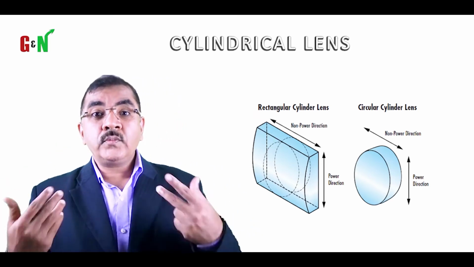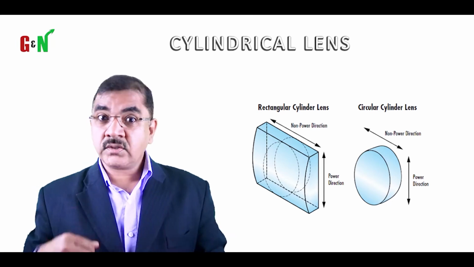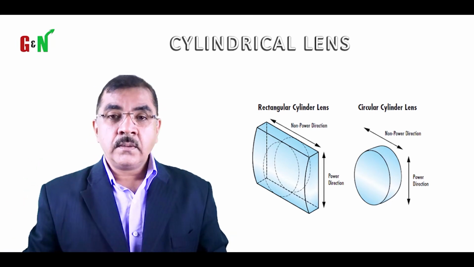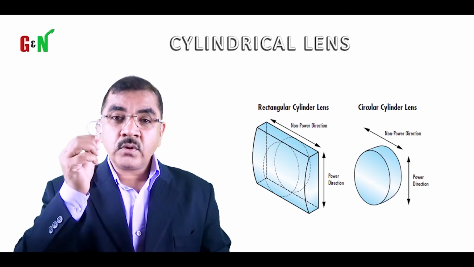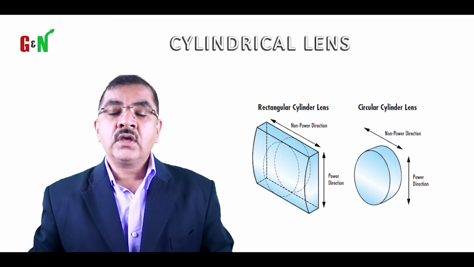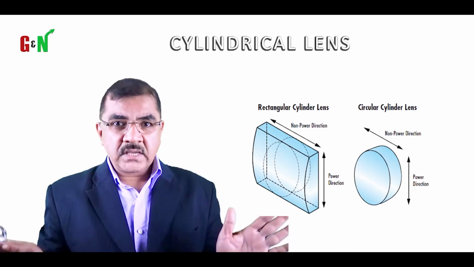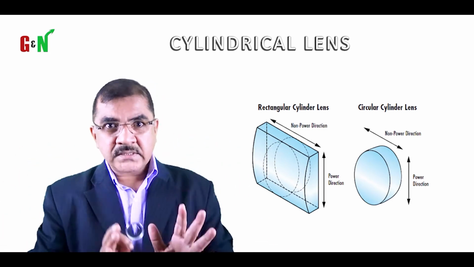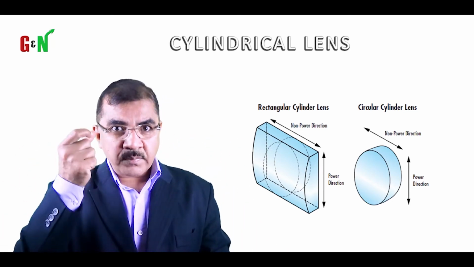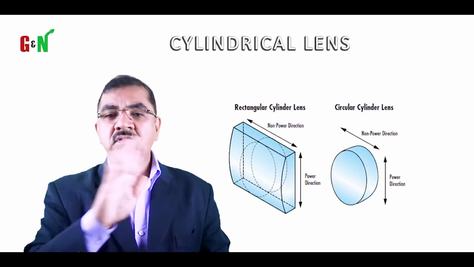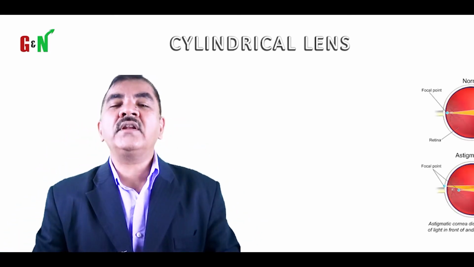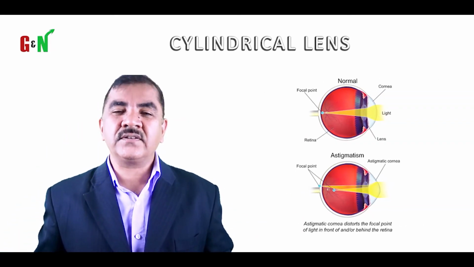We'll discuss more when we talk about refraction, how the power forms. But right now we are talking about a lens. So when you have a cylindrical lens, the movement is the same, all the plus and minus things are the same. If you have a plus cylinder, if you have a minus cylinder, everything is exactly the same. Only thing is, how to identify that this patient has a cylinder?